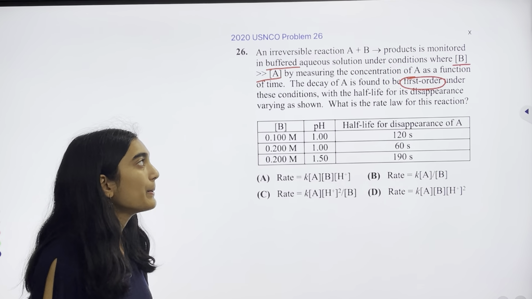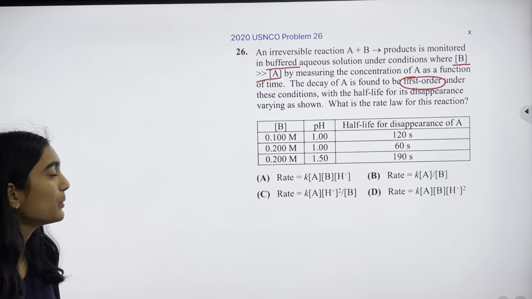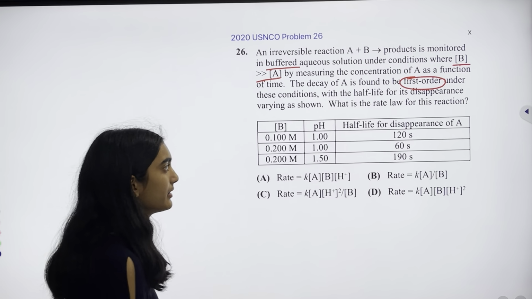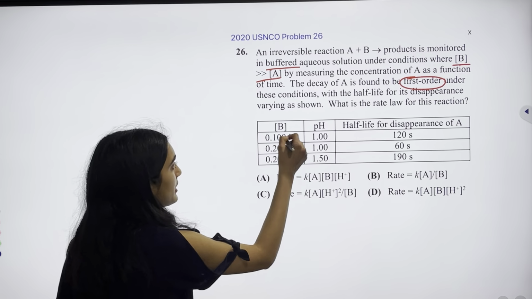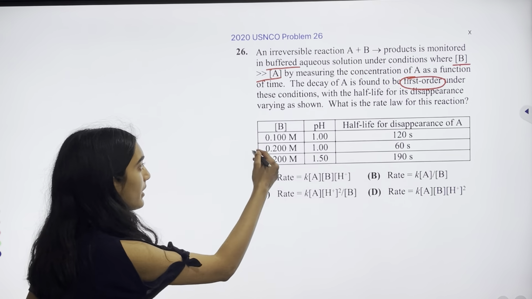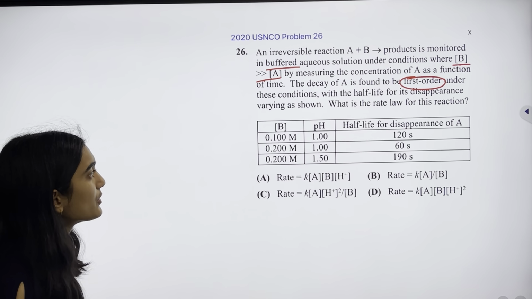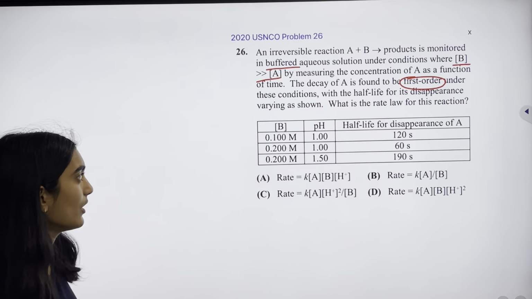So even though it might change a little bit, the changes are negligible, where we can just look at the disappearance of A for what it is in relation to the concentration of B when we deliberately change it, right? And the pH.